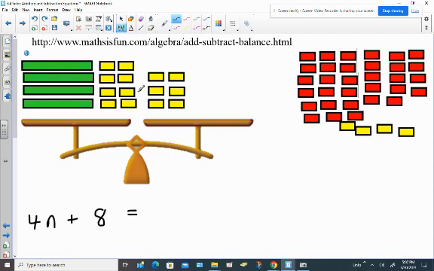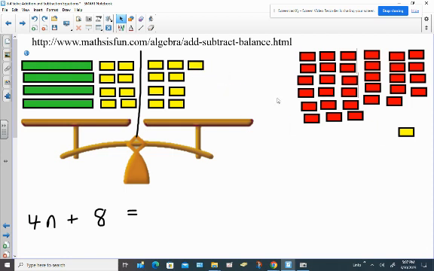equals, and then on the other side, maybe I should draw a line or something to separate that a little bit better. So let's bring on a few more of these. Let's clone that. So what do we have now? 12.